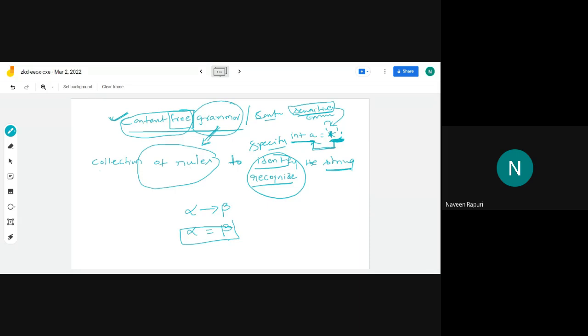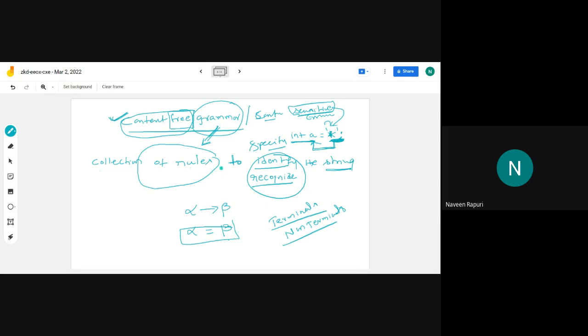Alpha and beta are Greek symbols which are used to hold the terminals and non-terminals. So this is the definition and the format of the grammar. The grammar is nothing but a collection of rules.